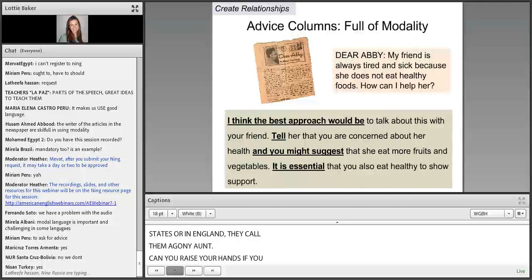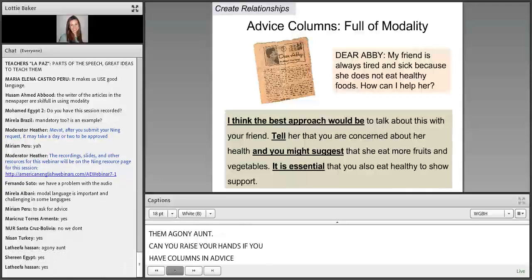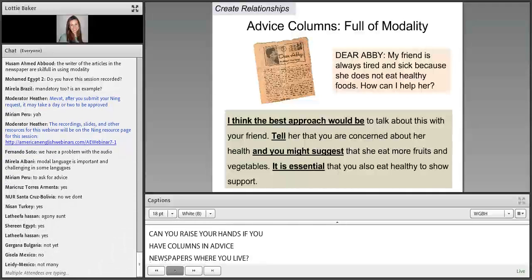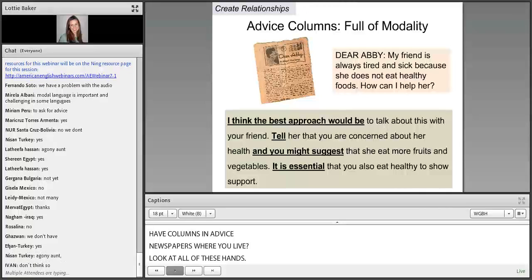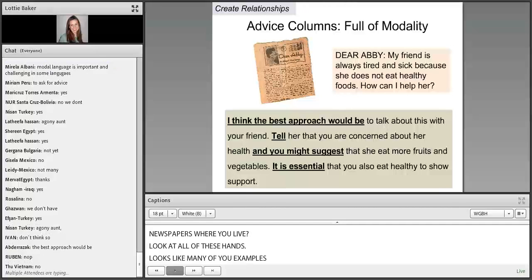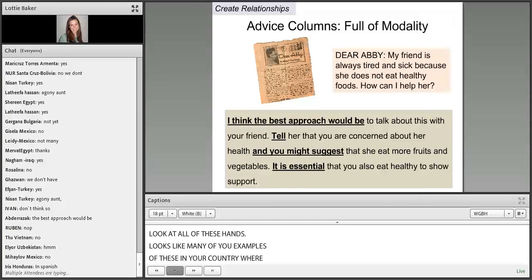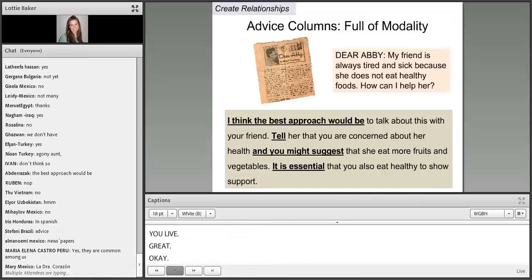I'll show you an example here in a second. Oh, look at all of these hands. Great. Looks like many of you have examples of these in your country. Great. Okay, you can lower your hands.